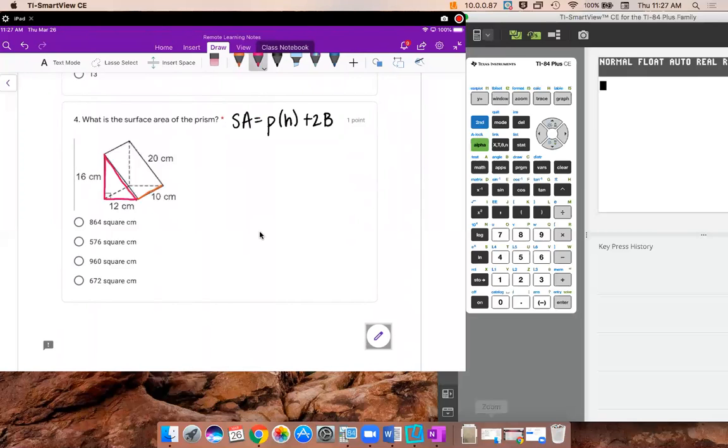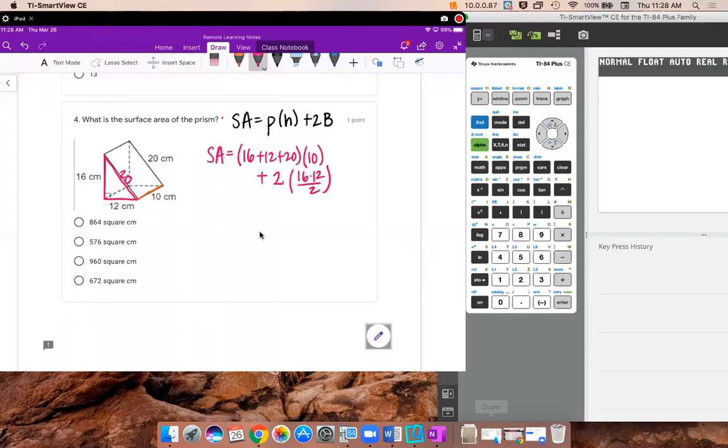This side's 20. So if we fill this whole thing in, surface area equals the perimeter of my base, so 16 plus 12 plus 20, times the height, which in this case is 10, and then we add to that 2 of the bases. The area of the base is a triangle, so that's 16 times 12 divided by 2.